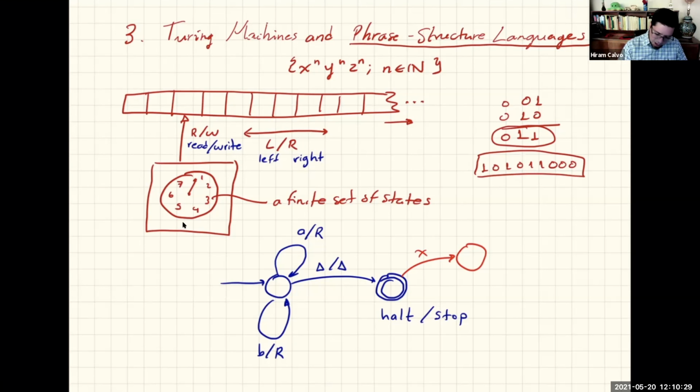Also, we have two symbols here. What do they mean? This first symbol is what we will be reading from the tape. Read from tape. And the second symbol will mean what we write to tape, or an operation.